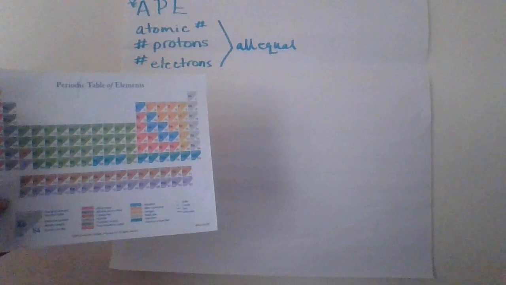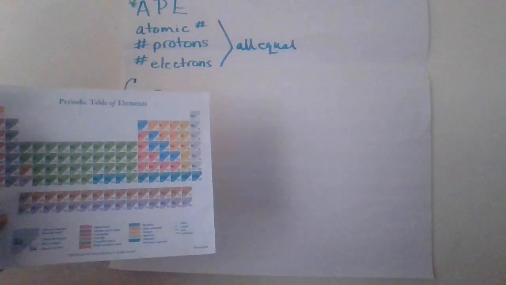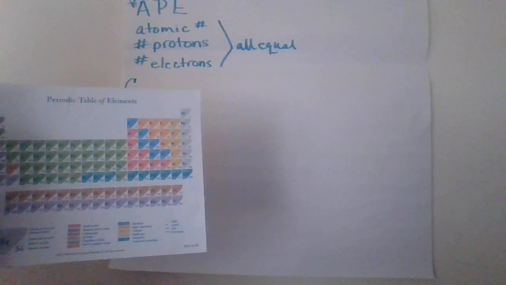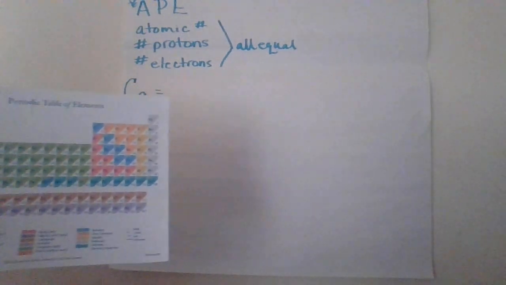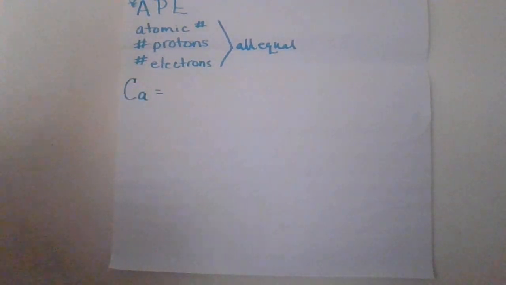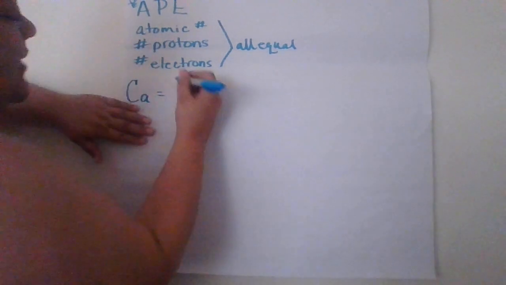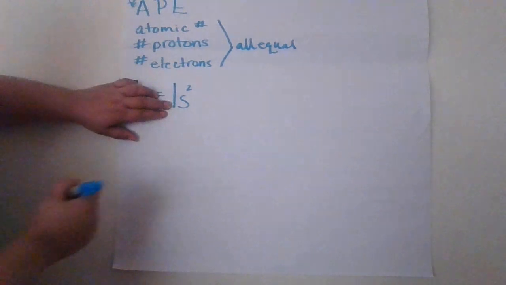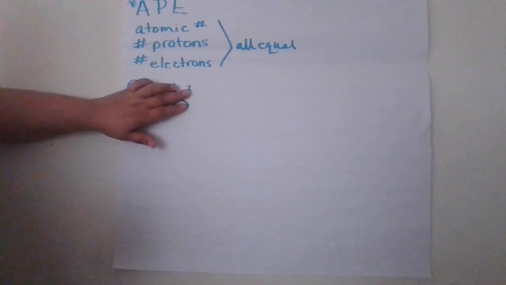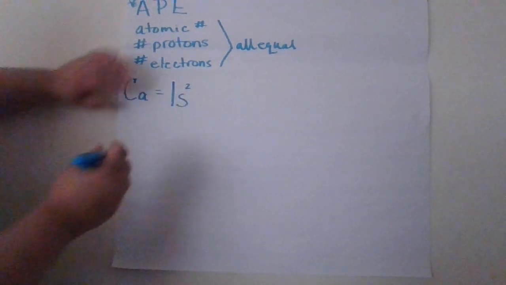So we're going to go completely through the first S block. So it's going to be row 1, S block, and both of those elements. So the first thing we would end up writing is going to be 1s2, stating we went through the first row, the whole S block, and both of those elements.